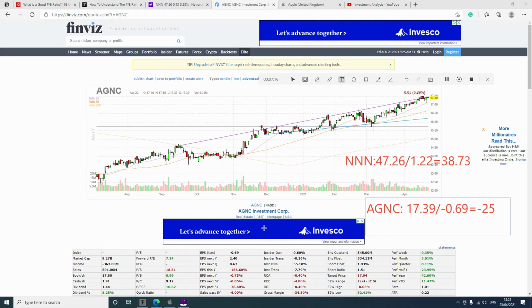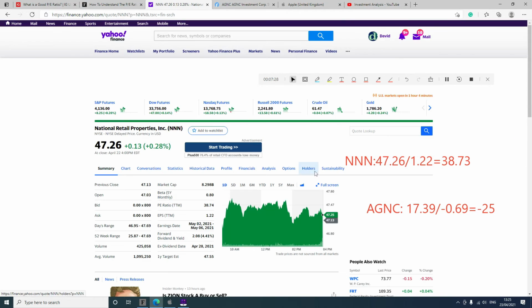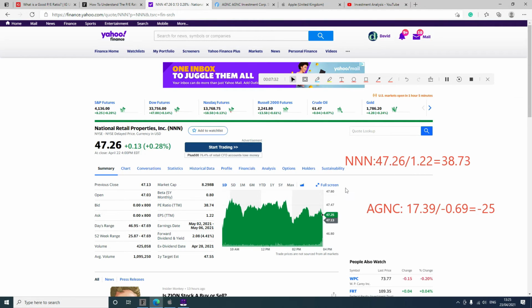Okay. So you will agree with me that with NNN, National Retail Properties, you have value for your money based on this simple metric called the PE ratio. In simple terms, the lower the PE, the less you are paying in relation to the earnings.